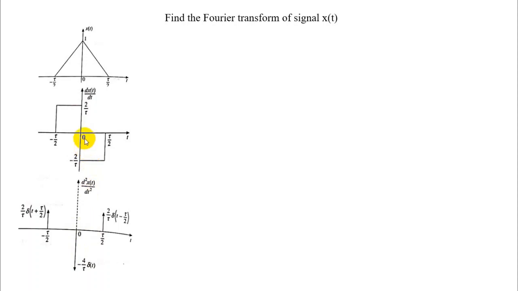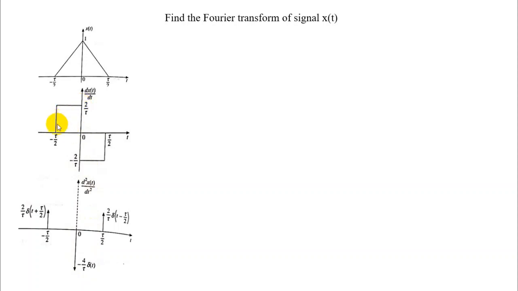However, this portion also should be differentiated, so after differentiating this portion another impulse will be achieved here. So at that point there are two impulses in the negative direction, and after summing up the amplitude would be double, as you can see here.